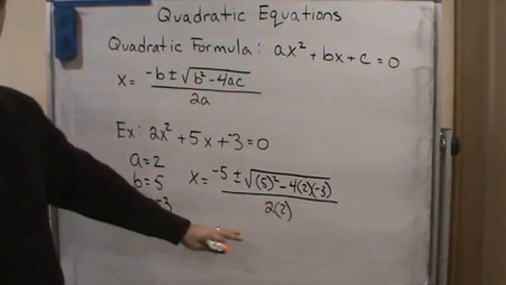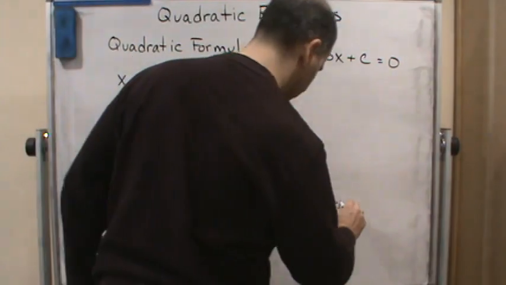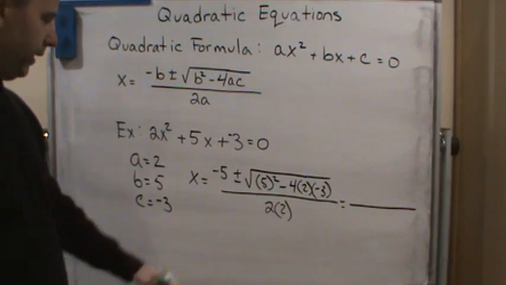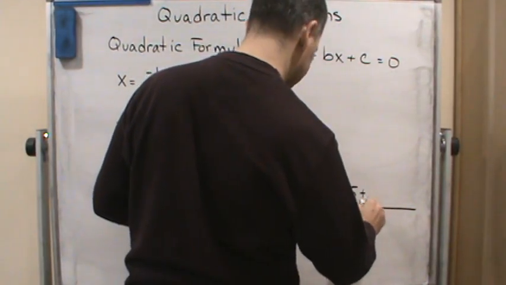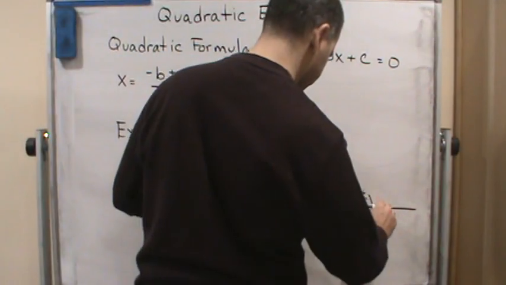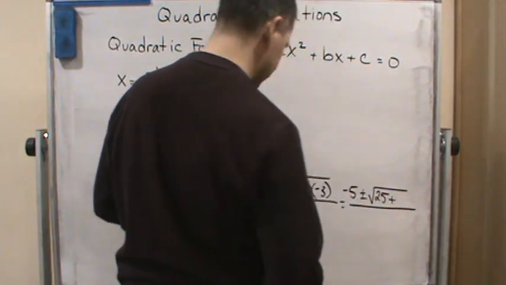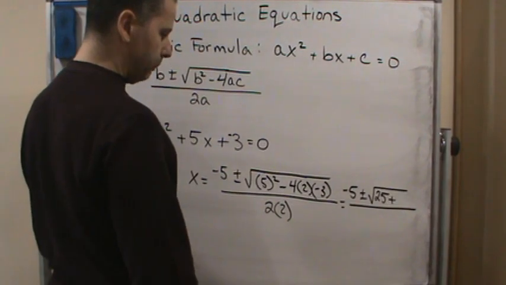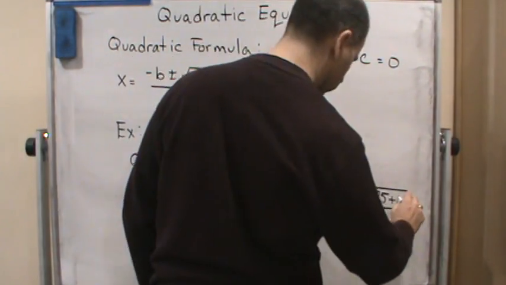Now all I have to do is just simplify this and make sure I do it correctly. So I'm going to simplify everything under the radical. So this is going to be negative 5 plus or minus, well, this is going to be 25 plus, because negative times negative, so that's going to be plus, and this is going to be 24.